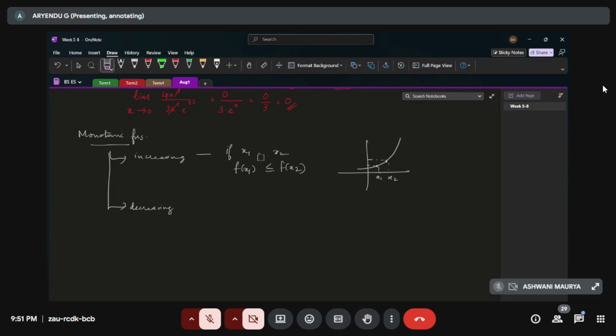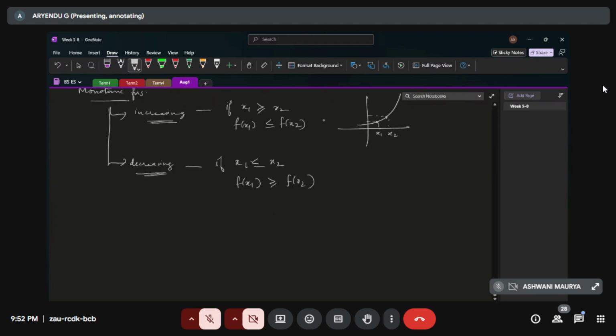And for a decreasing function, if x1 is less than x2, then f of x1 will be greater than or equal to f of x2. This is monotonic decreasing, this is monotonic increasing. You just have to keep in mind and remember these differences.